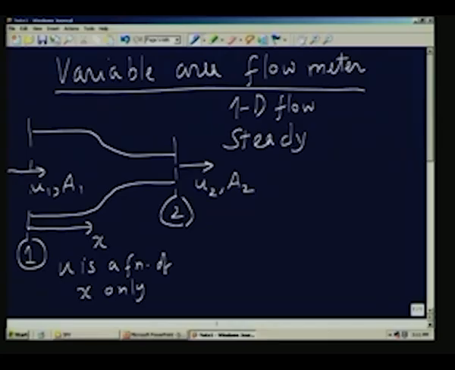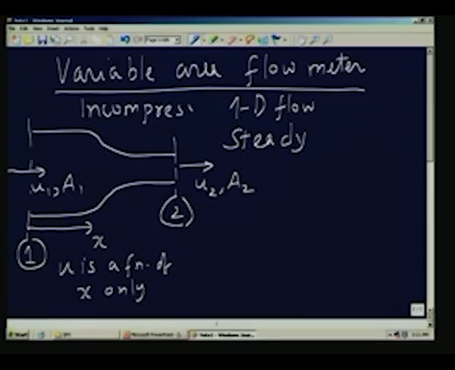So, the equations which govern the flow of a fluid through a variable area duct or variable area cross section device like this are the equation of continuity, and to start with, let us assume that the flow is incompressible.